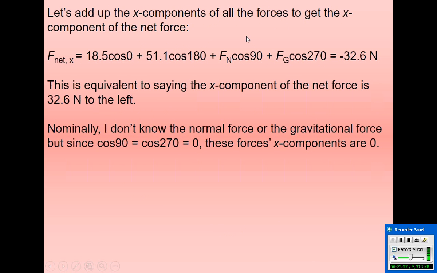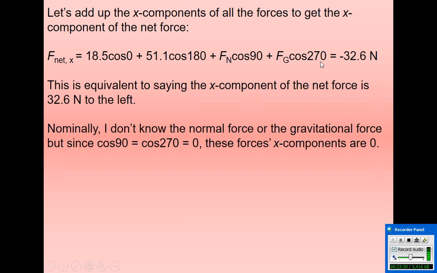But to find the net force, I need to do the x component and the y component. Because I've measured all of my angles with respect to the positive x-axis, I can say that the x component of the net force is 18.5 times the cosine of 0 plus 51.1 times the cosine of 180 plus the normal force times the cosine of 90 plus the gravitational force times the cosine of 270.